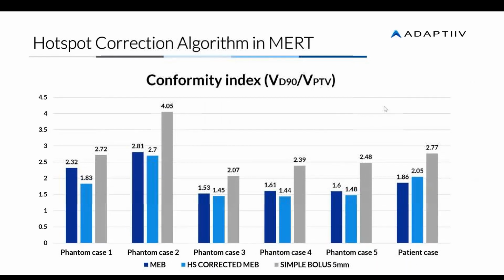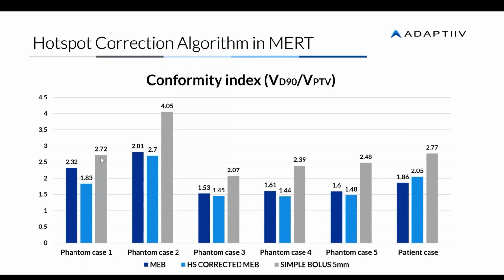Let's now inspect all these 6 cases that we have done for the hotspot correction algorithm. If we look at the simple bolus plans in these 6 cases, we see that the conformity index for simple bolus plans is just, well, poor. But when we employ our modulated electron bolus algorithm, the dark blue column, we see that the conformity index gets much improved with respect to the simple bolus, which is the gray column.